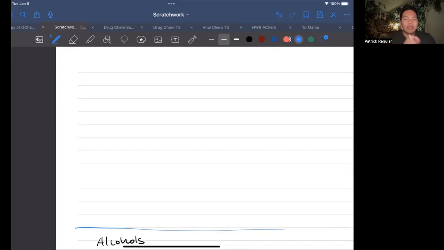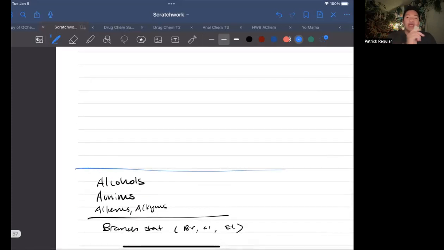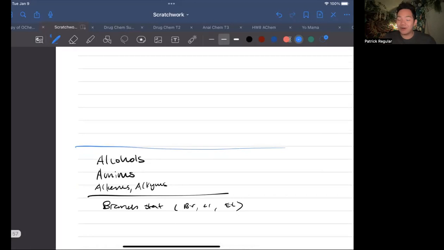So if you have an amino group, an NH2, and an alcohol group in the same compound, the alcohol group takes priority because it's the highest priority. So that becomes a suffix. And your amine group now becomes a prefix. Everything else other than your parent top chain or your top priority group becomes branch status, if you remember. Okay. So if you have an amine and an alcohol, it's going to be like 4-amino-butan-1-ol, because the alcohol gets priority.